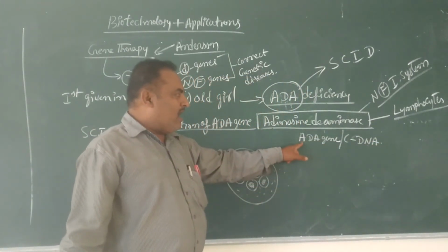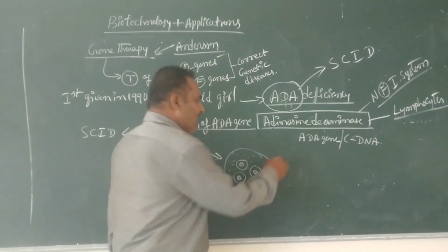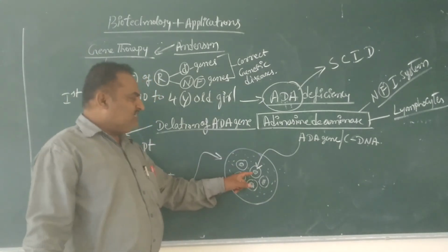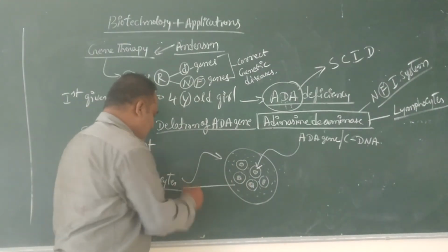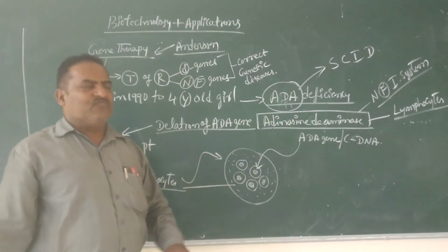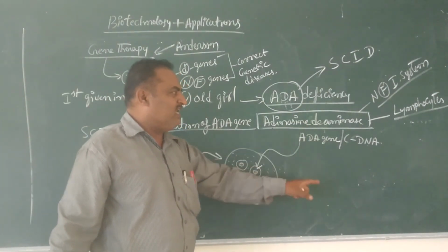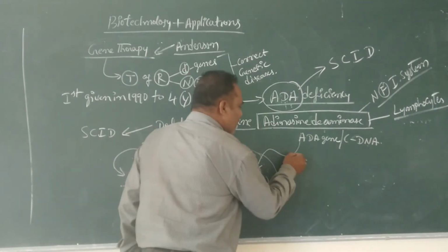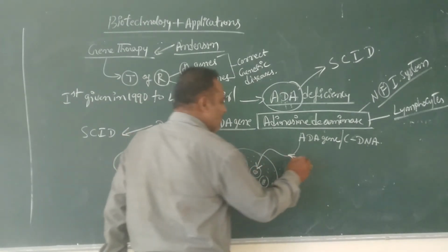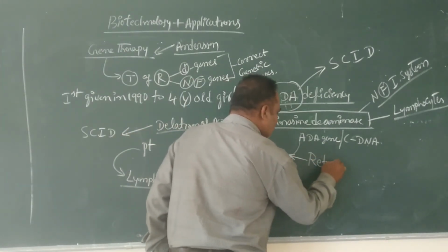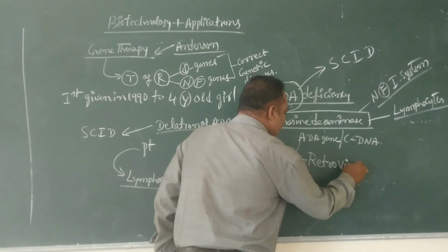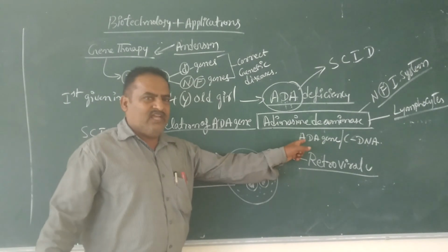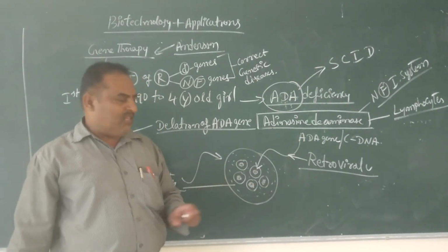The cDNA or ADA gene is inserted into the lymphocytes with the help of a vector called a retroviral vector, which is used for the transfer of the ADA gene into the lymphocytes.